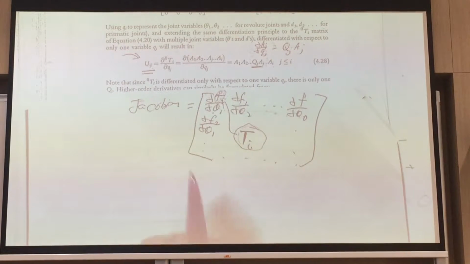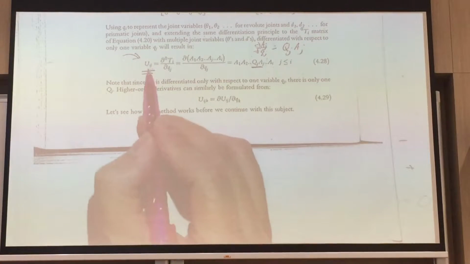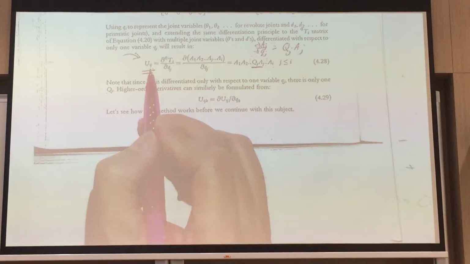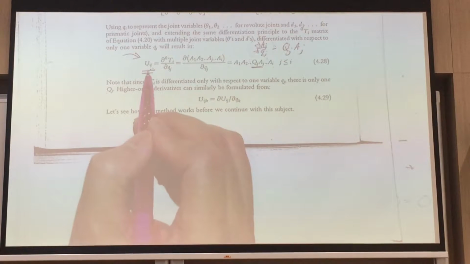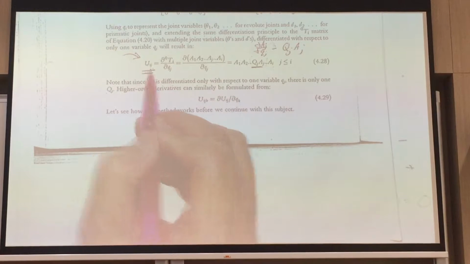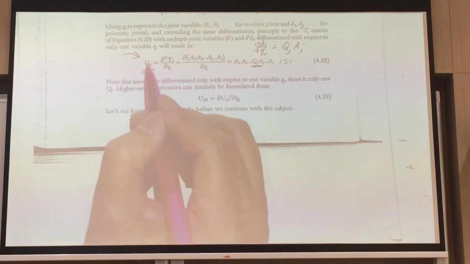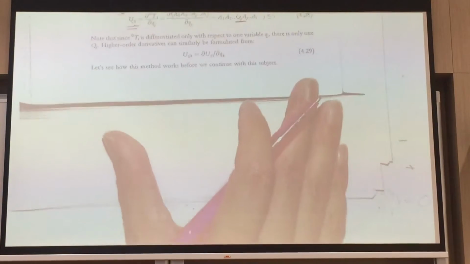So we are going to call this term Uij when we talk about the equation of motion. You just remember Uij is something like the element inside the Jacobian matrix. But this is not about the Jacobian, this is about the equation of motion. So that's how you understand Uij.